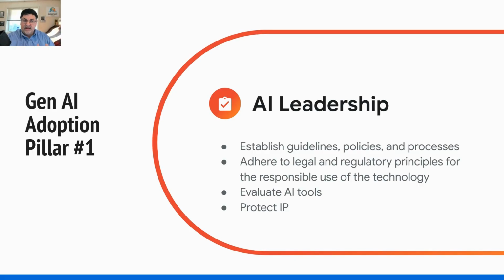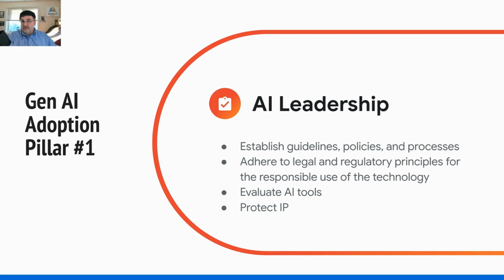Even if you're a sole practitioner, you should have guidelines, policies, and procedures that you establish on how you're going to use AI and what you're going to use it for. You want to make sure, and even we talk to consultants and sole practitioning attorneys about it, even jotting down some key bullet points is important, because you want to make sure that you're adhering to legal and regulatory requirements that you may come under for the use of technology.